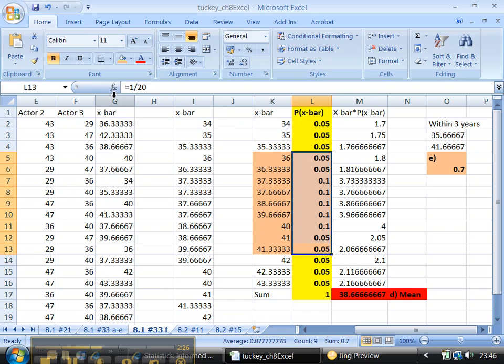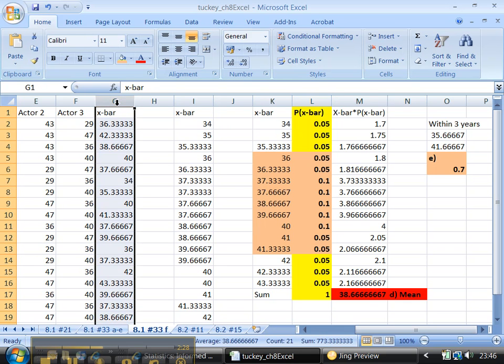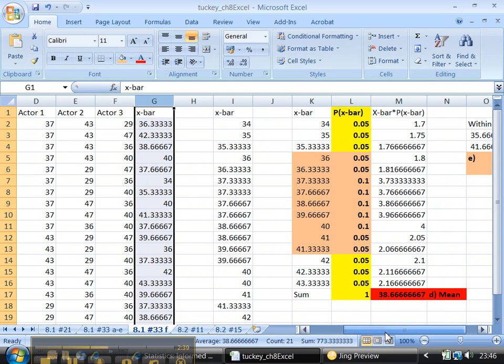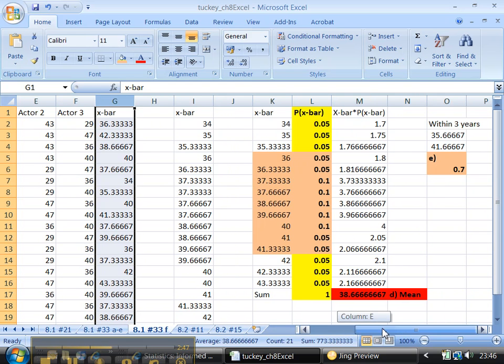More of the sample means, more of these X bars right here in this column, are getting shoved into the center of 38.6, and less and less of them are on the tails because the actor ages balance each other out. It's hard to get a sample of this group that's low or high, right? In general, it's going to be right around the mean. If you took samples of size 4, that would even be more packed around the mean.